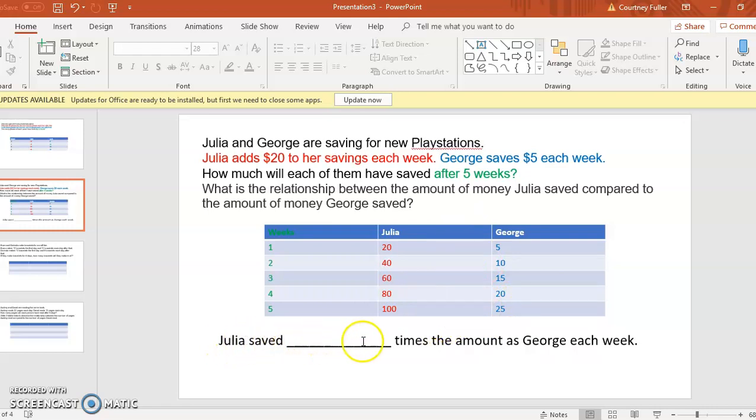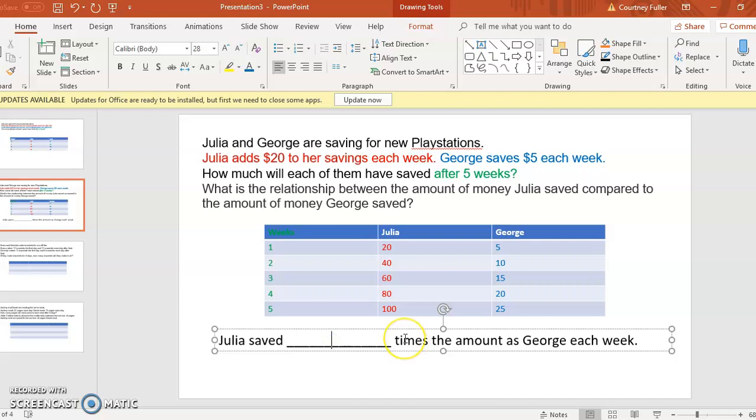So how can we put that in this number sentence? Julia saved blank times the amount as George each week. What number did we put in to relate these numbers to each other? 5 times what gave me 20? 10 times what gave me 40? 15 times what gave me 60? 20 times what gave me 80? 25 times what gave me 100? 4.